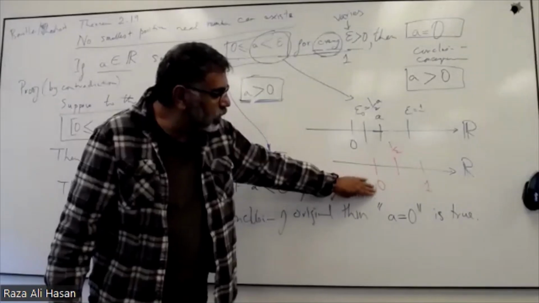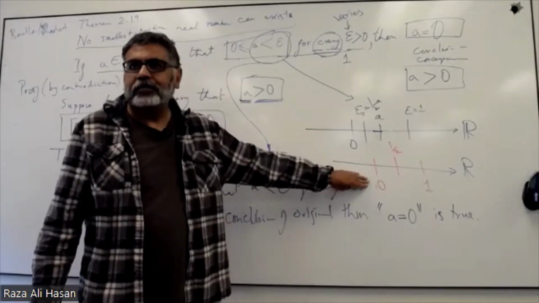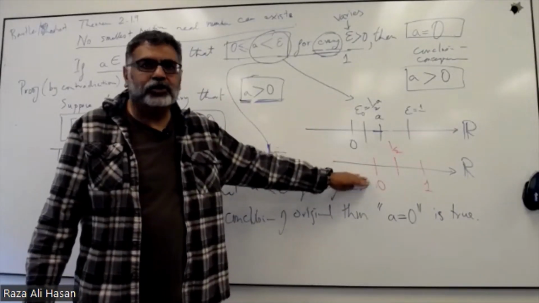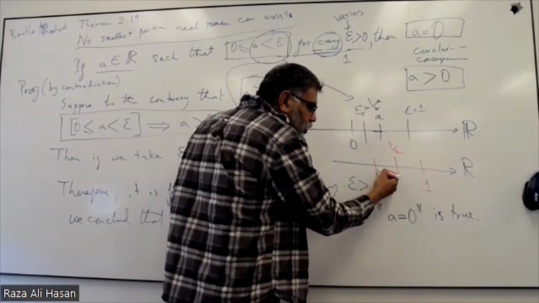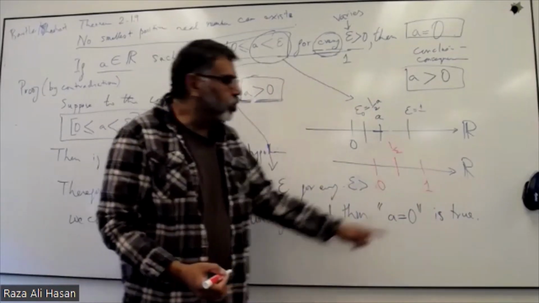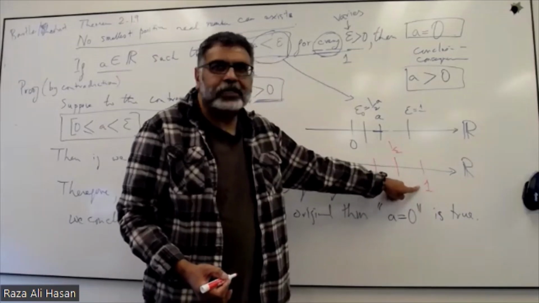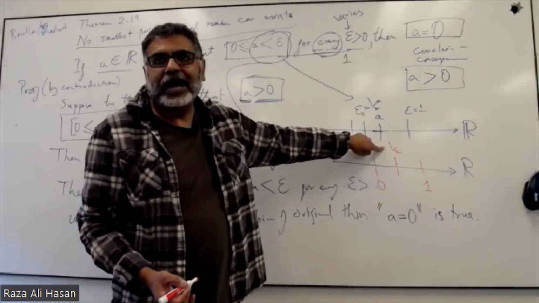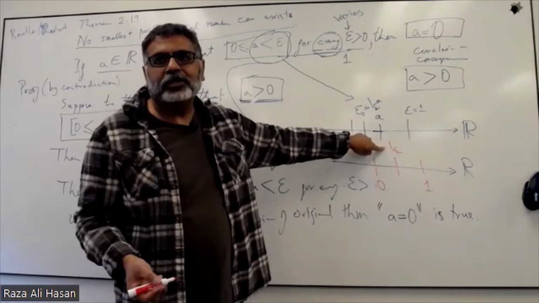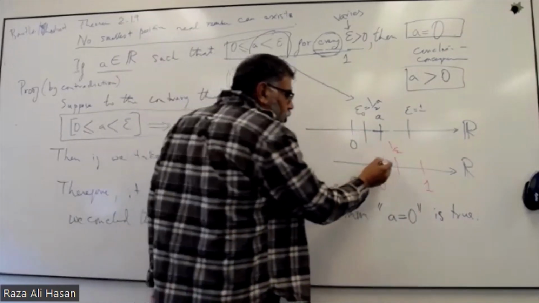0 is assumed to be not a positive number. So therefore, our only choices are any number towards 0 as long as it's not 0. So I'm going left. Was 1 the smallest positive number? No. Our next choice is half. Is there another smallest positive number?